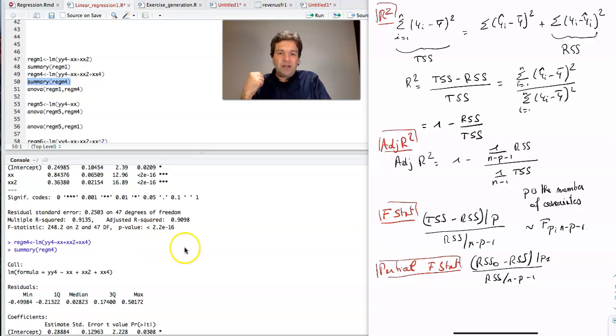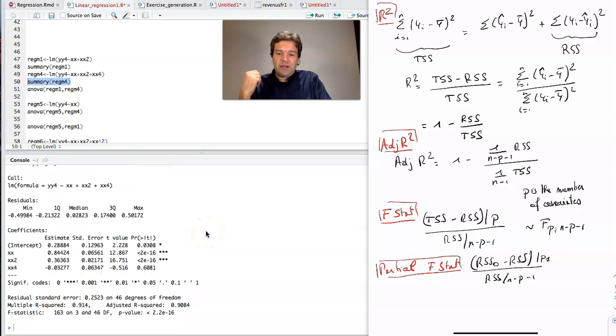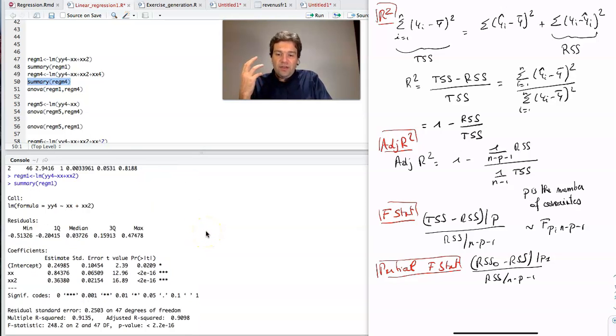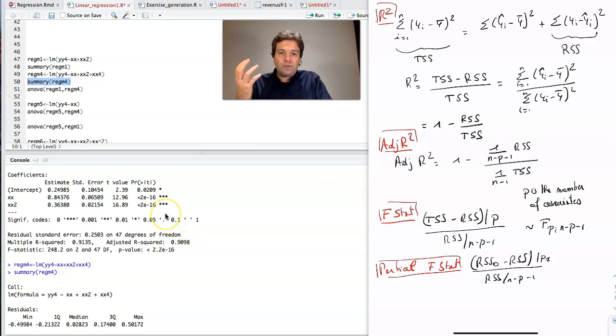That means that according to the R square, we would select the second model. According to the adjusted R square, the highest one, we would select the first model. And indeed, in this case, the first model is really more interesting than the second model. Therefore, the adjusted R square, in this case, does its job. It says, if you take the highest adjusted R square, you should select the best model.